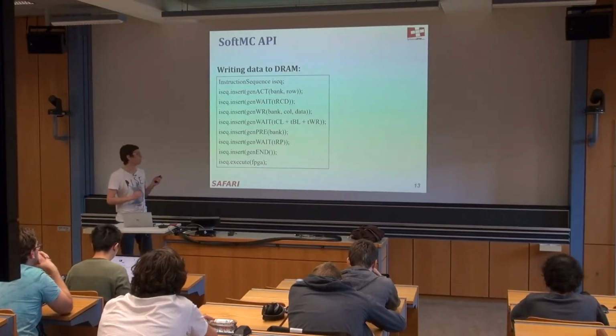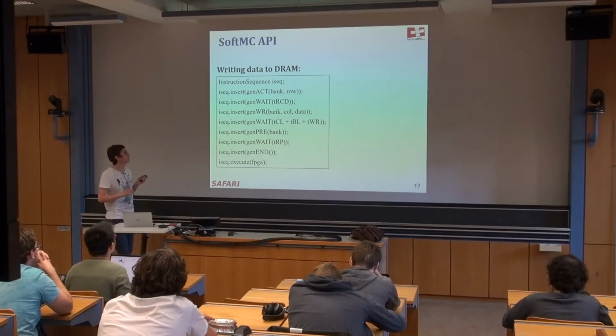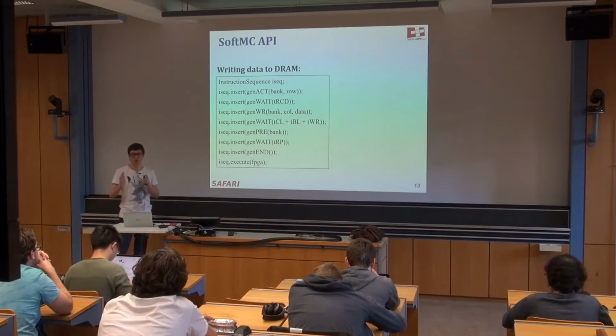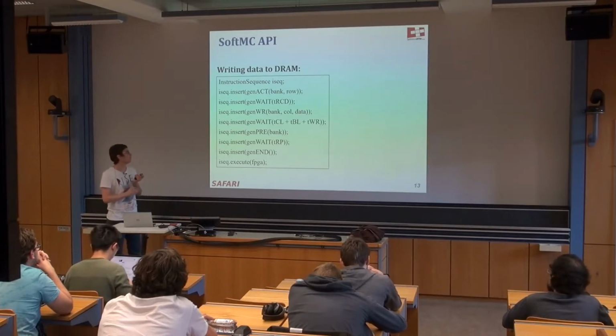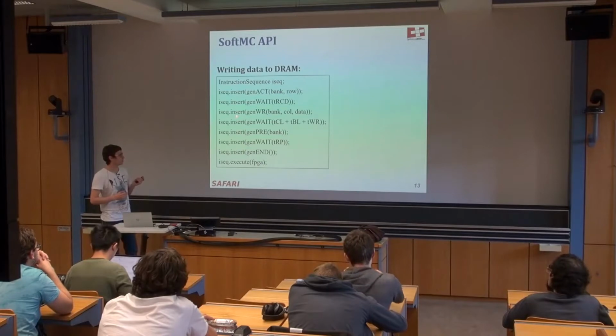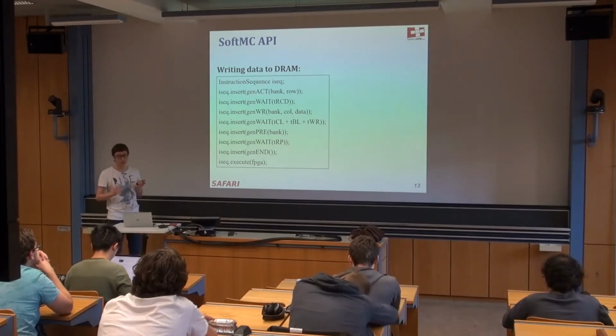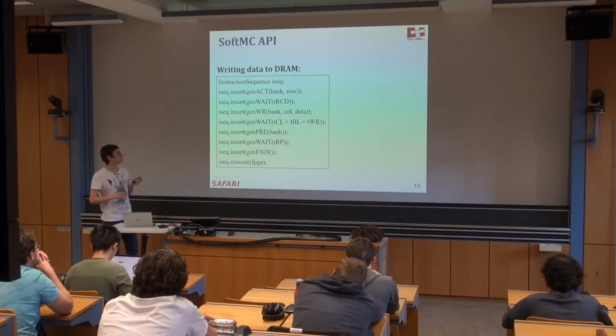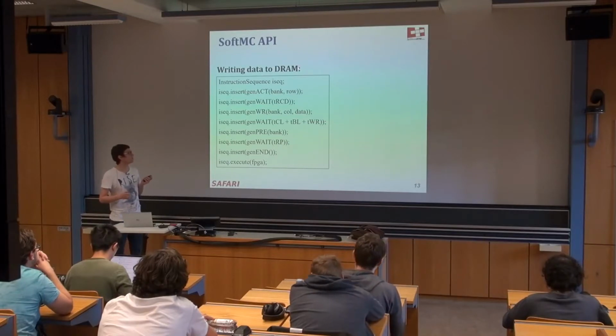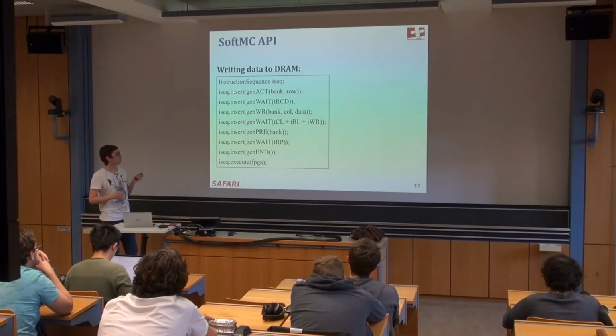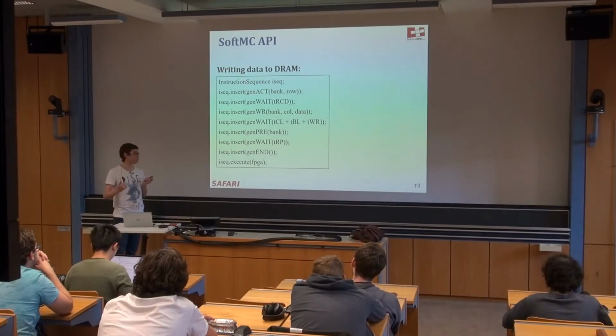I won't go into too much detail, but I just want to show this simple example where we write a single cache line, or a single chunk of data, to DRAM. Those are the function calls we need to make for that. How SoftMC works is it expects a structure called an instruction sequence from your host machine, right?